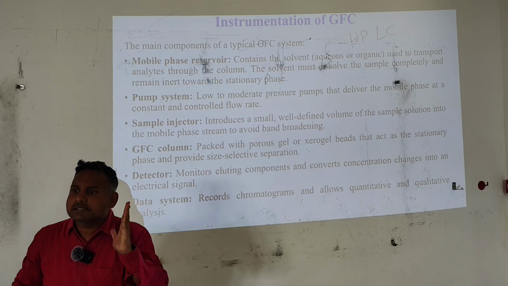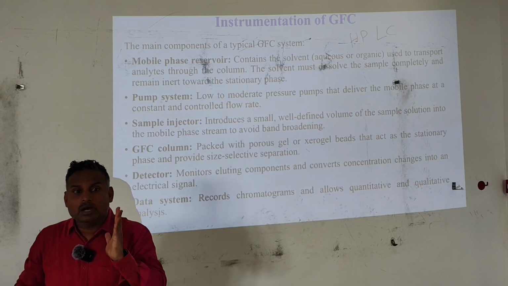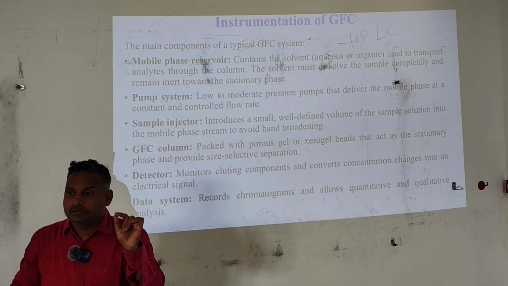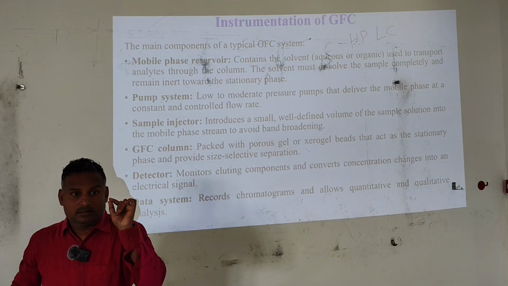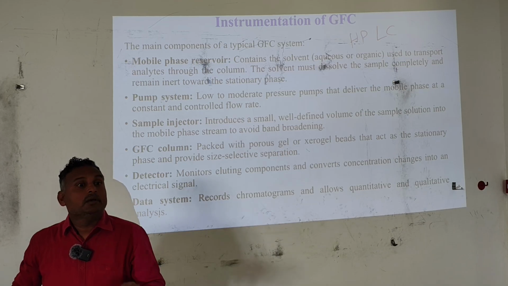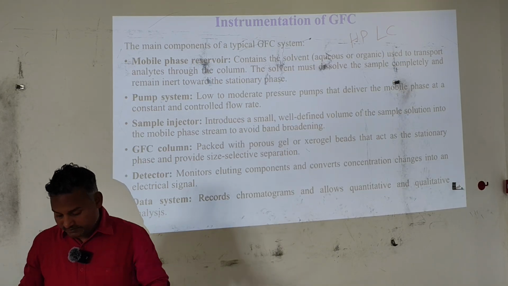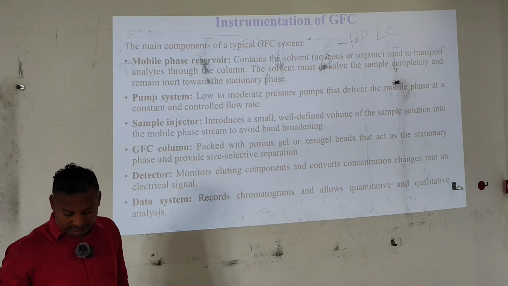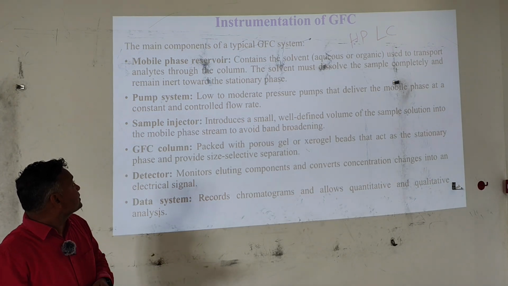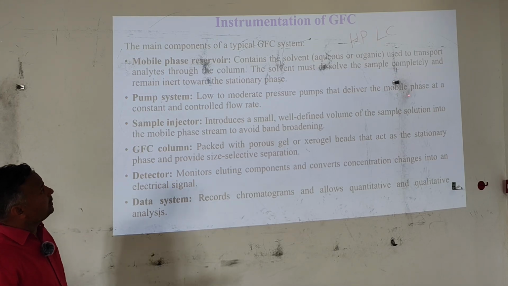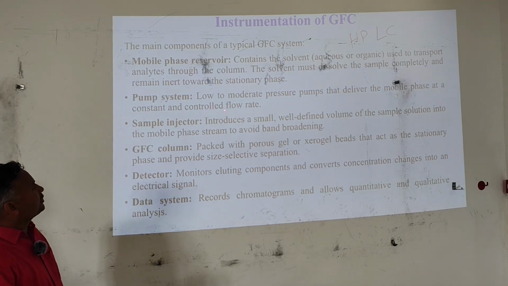It is nothing but HPLC, but the column we are using has a porous stationary phase in the form of beads. So, is it clear? Now the pumping system is completed.